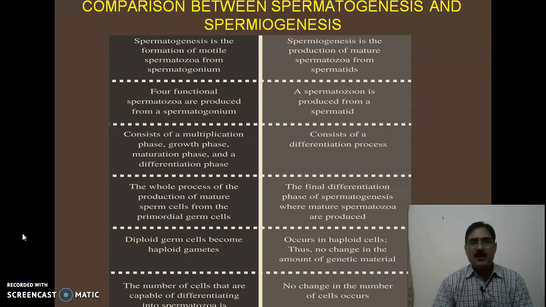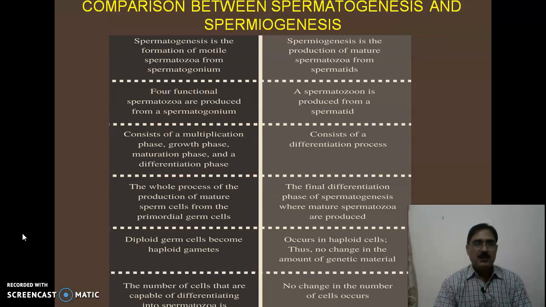Now let us compare spermatogenesis and spermiogenesis. Spermatogenesis is the formation of motile spermatozoa from spermatogonium, while spermiogenesis is the production of mature spermatozoa from spermatids. Four functional spermatozoa are produced from one spermatogonium, while a single spermatozoon is formed from a single spermatid. Spermatogenesis consists of three phases: the multiplication phase, the growth phase, the maturation phase, and a differentiation phase, while spermiogenesis consists of only a differentiation process.